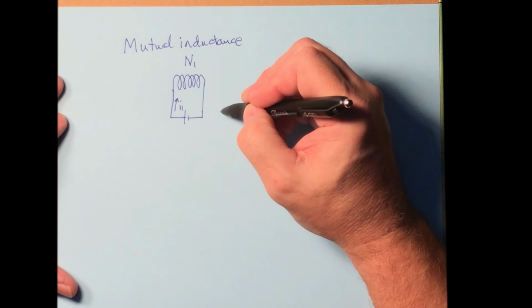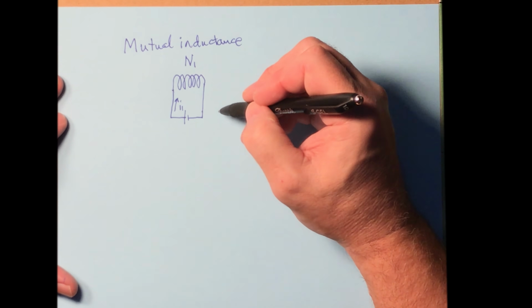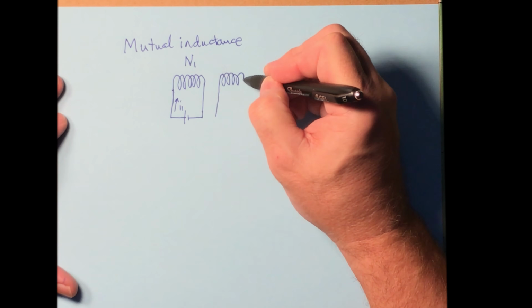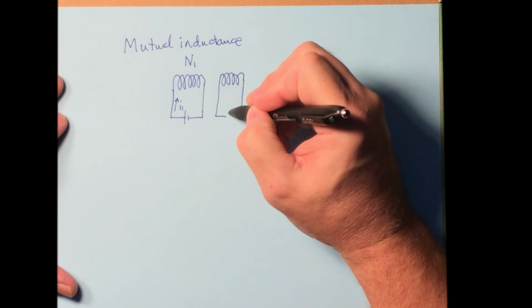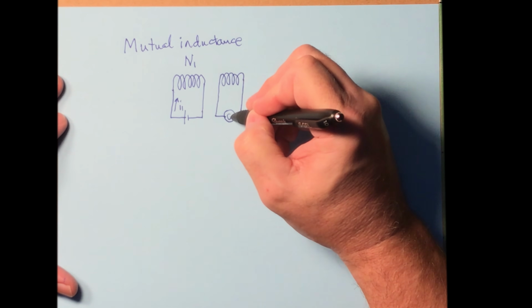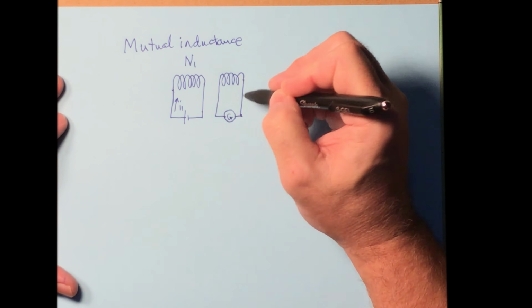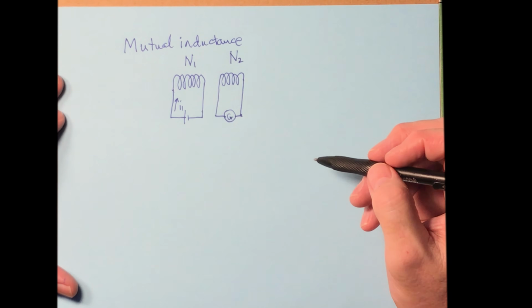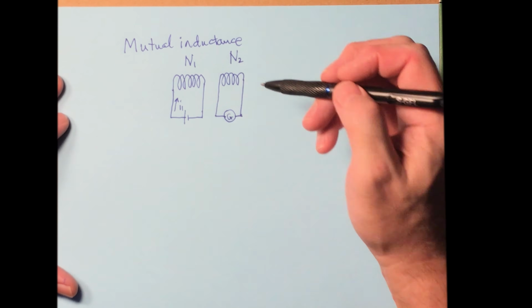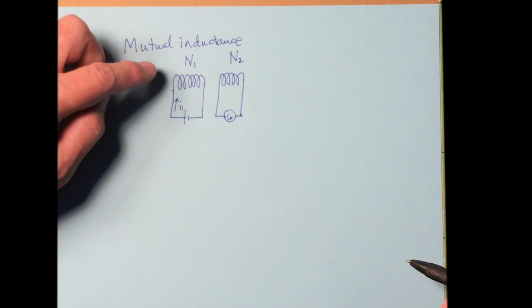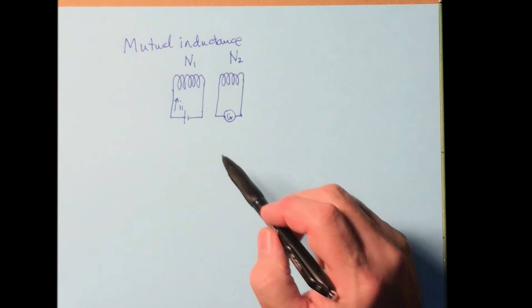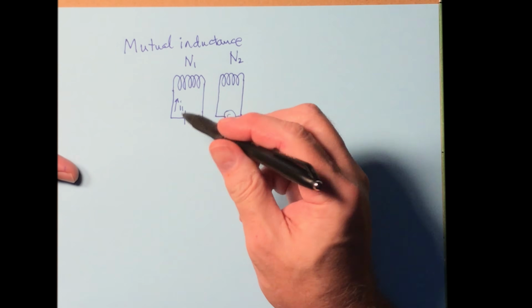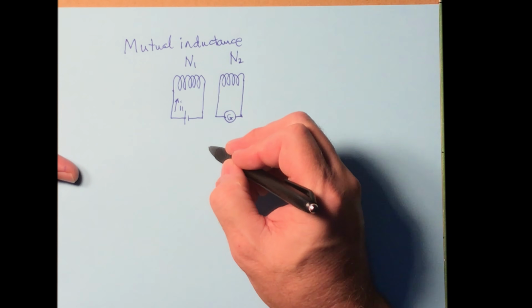Well, if we have another coil nearby, let's place it nearby here, and let's hook up to it a galvanometer. And it has N2 for its number of coils here. So we've got coil 1, it's got N1 turns, it's got a current I. That's going to create then some flux.